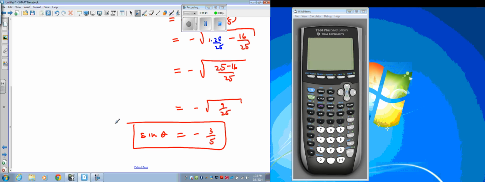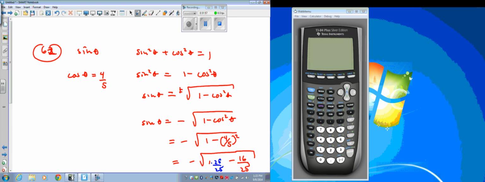There are easier ways to do that, figure it out, but I'm using the identities to do it. And that's the identity that you'd have to use. You couldn't use tangent as sine over cosine because you don't know what tangent is. You can't use cotangent, and the other ones won't give it to you. It's just that one.